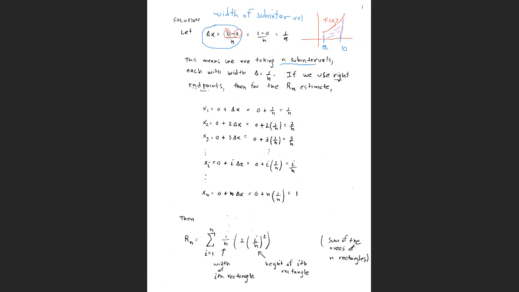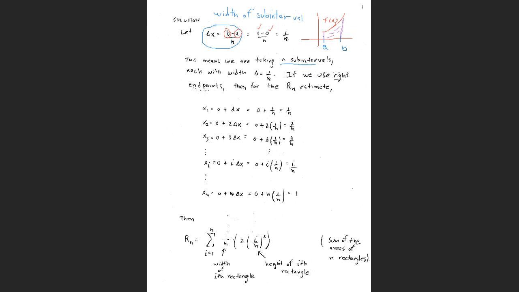Okay, so now for our problem, a was equal to 0, and b is equal to 1.